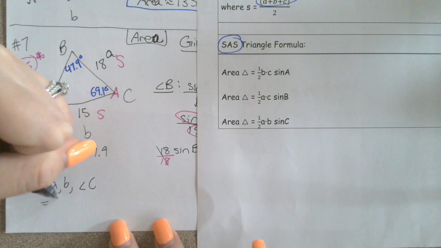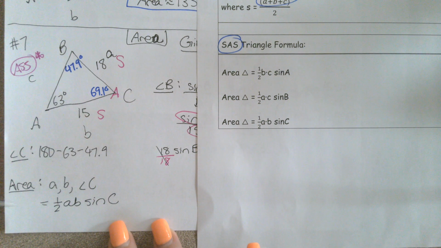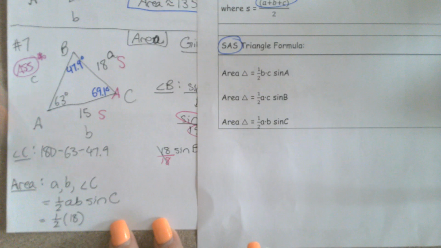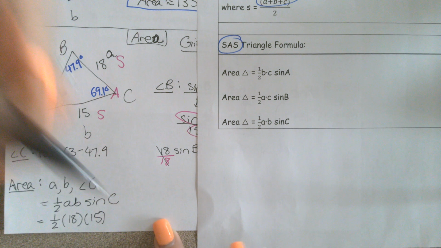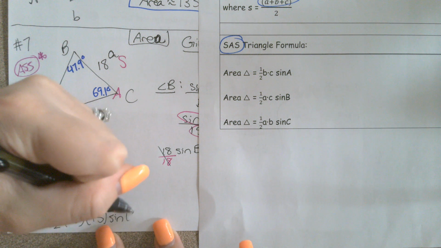So we have 1/2 a b sine of C. 1/2, a is 18, b is 15, and C is 69.1 degrees.